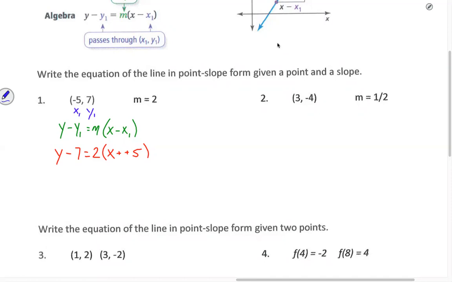What's your first step? Do we write the equation, or do we just substitute? So before that, writing our equation is step number 2 and substitute is number 3. Label first. So we're going to label our point x1, y1.